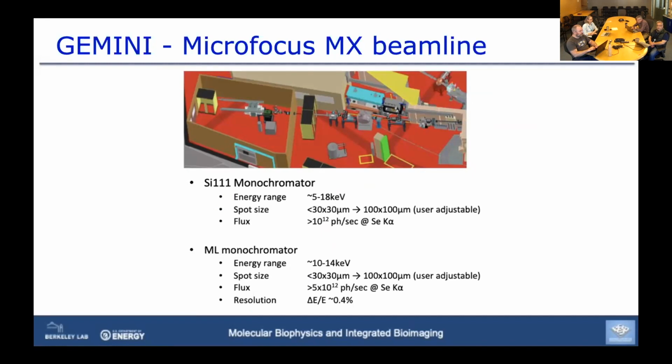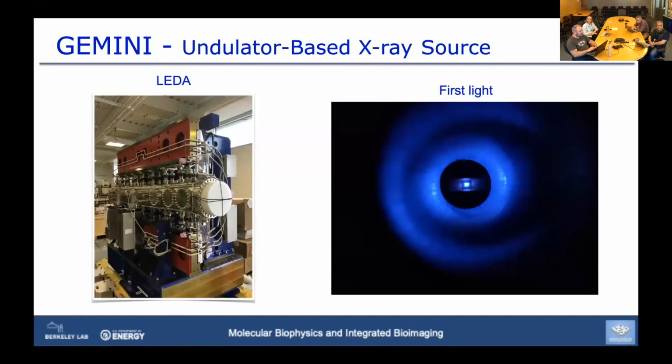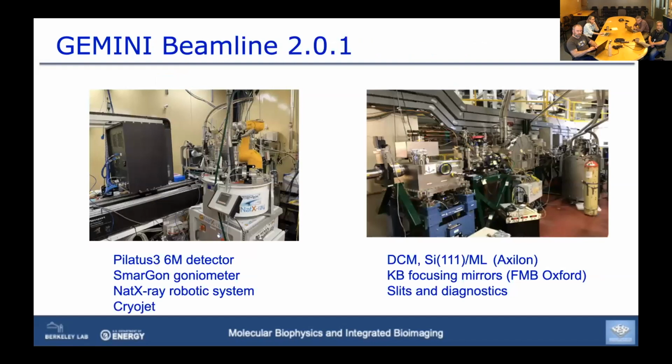We have this undulator-based X-ray source, which is named LIDA. LIDA is in the ring right now, and we achieved first light a couple of years ago. More importantly, the beamline is now fully equipped with all the optics and the end station.